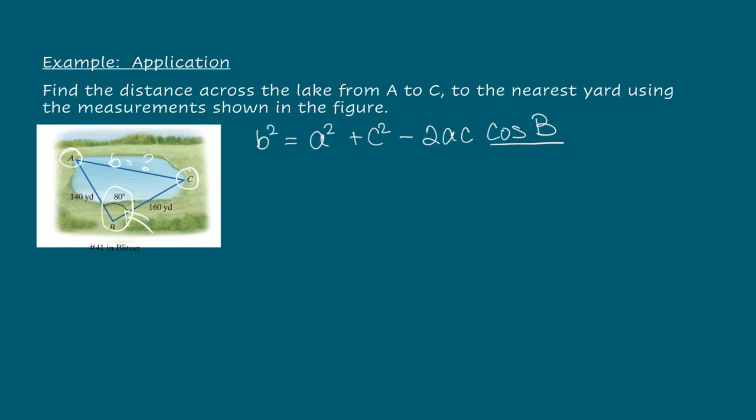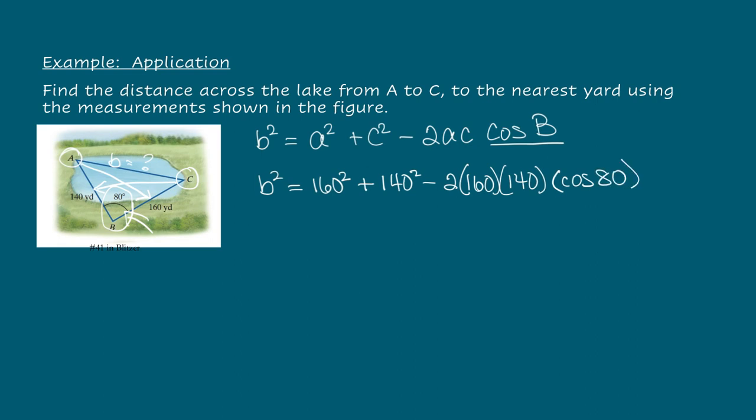So we just plug in our values here. B squared. A squared is the side opposite angle A, is 160 squared, plus C squared, the side opposite angle C, is 140 squared, minus 2 times 160 times 140 times cosine of 80.